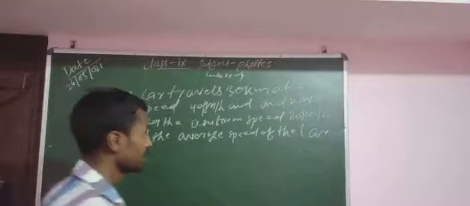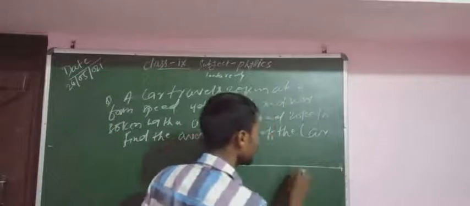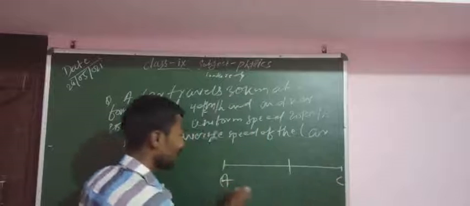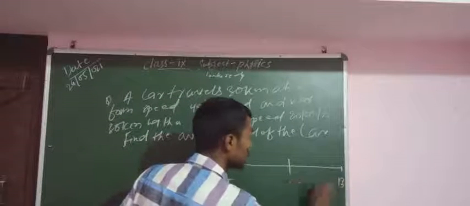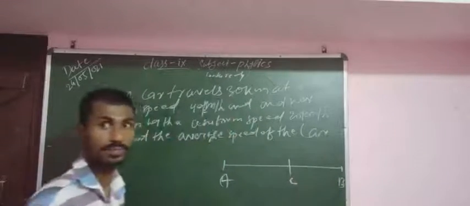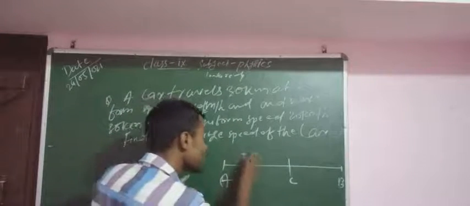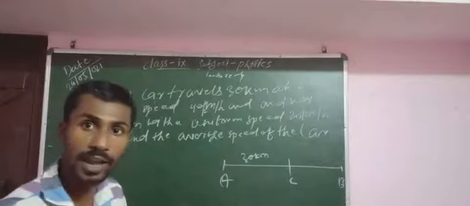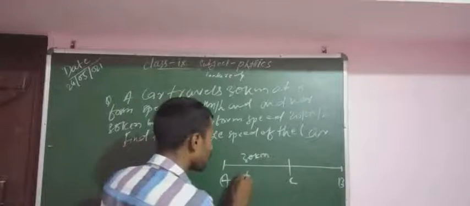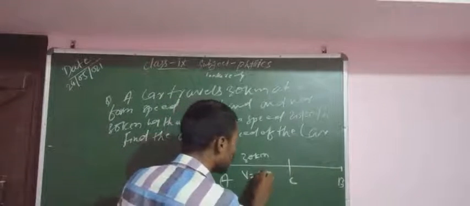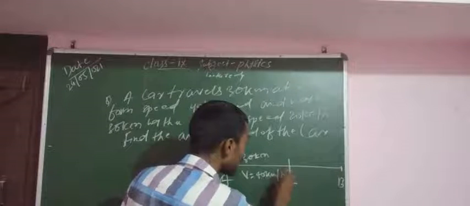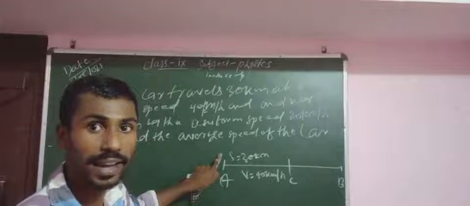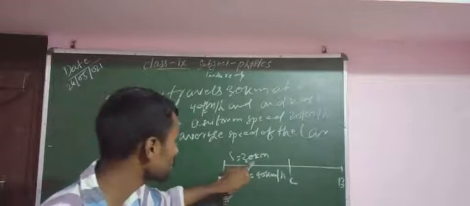This is the diagram. Suppose A to C and C to B. From A to C, the distance is 30 km and the speed of the car is 40 km per hour. That means V1 is 40 km per hour and S1, the distance, is 30 kilometer.